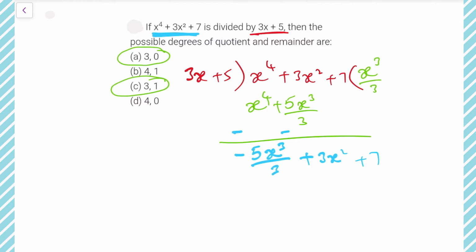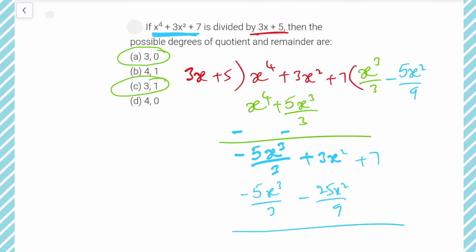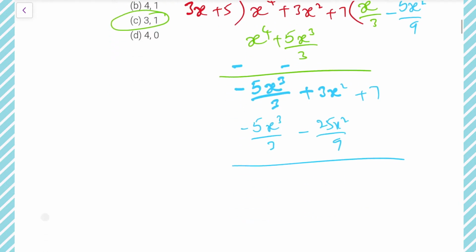That is minus 5x square divided by 9. 3x into minus 5x square divided by 9 is minus 5x cube divided by 3. Next, plus 5 into minus 5x square by 9, plus into minus is minus, 5 into 5x square, 25x square divided by 9. Here minus becomes plus, minus becomes plus. So these two cancel, and we remain with 25x square by 9 plus 3x square.